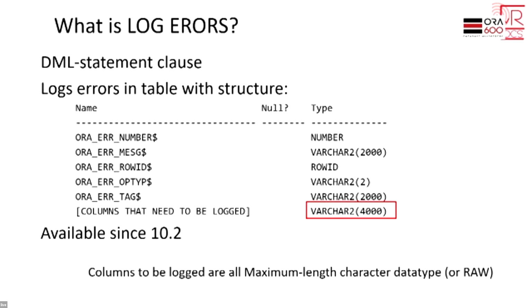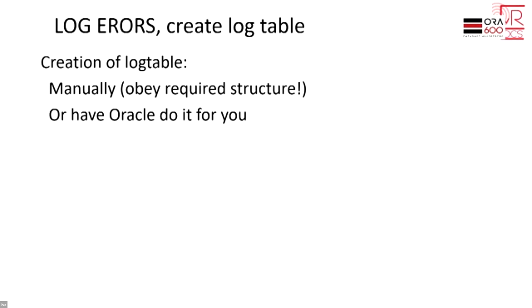The columns that need to be logged will be the maximum length character type. It says varchar2 4000 here, but it depends on your maximum length character data type in your database. Creation of the log table, you can do it manually, and then you have full control of how this table looks.